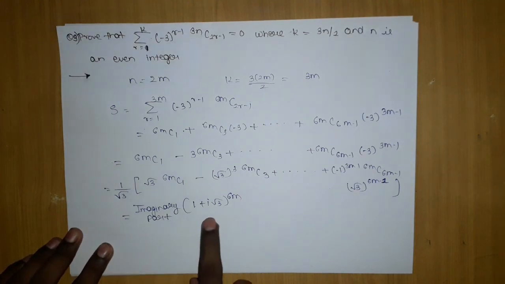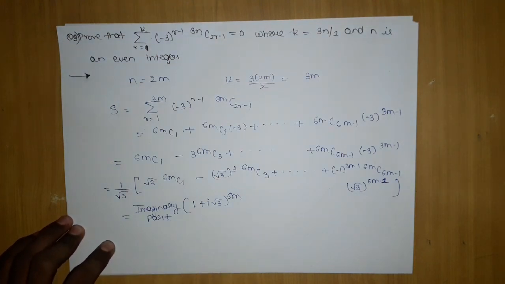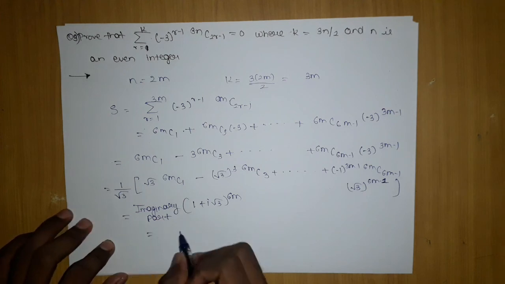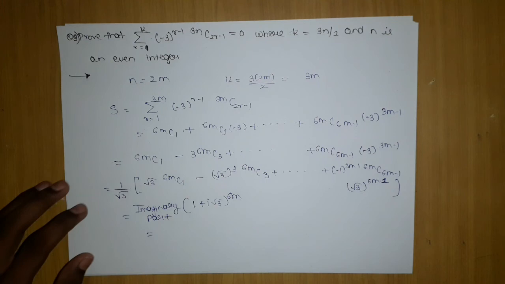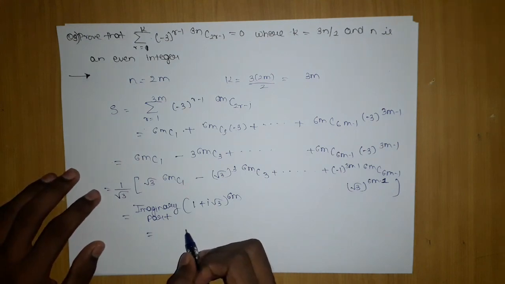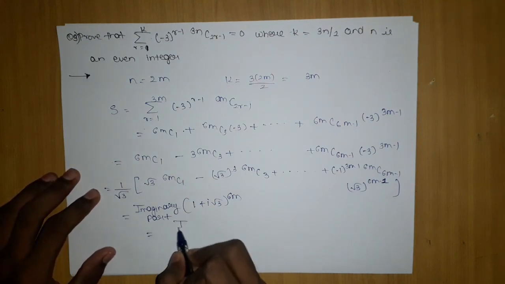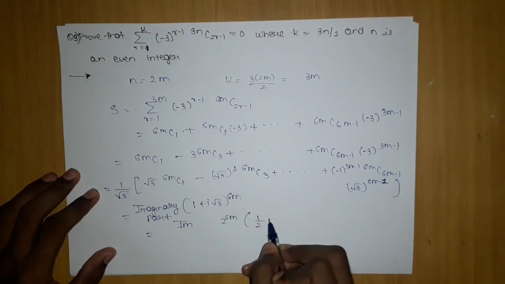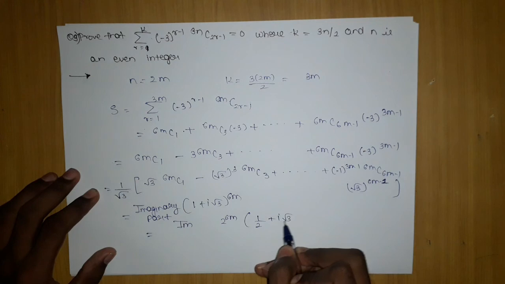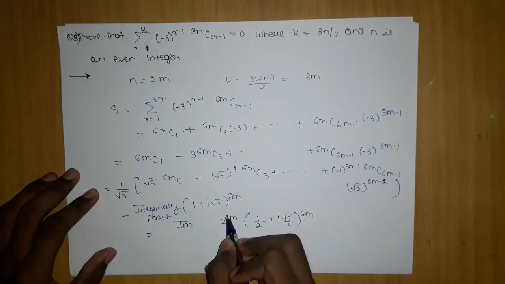So what we are going to do is express it in polar format. As I have mentioned, polar format is much easier to handle in complex numbers. So to make it in polar format, we are going to divide and multiply by 2 power 6m. The moment we do that, we get 2 power 6m into 1 by 2 plus iota root 3 by 2 the power 6m.